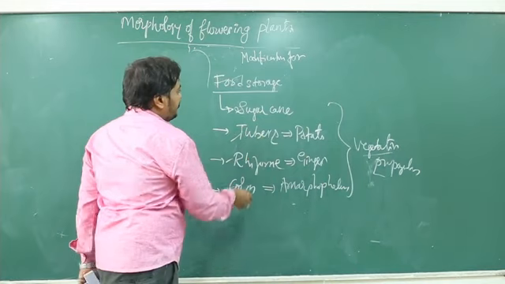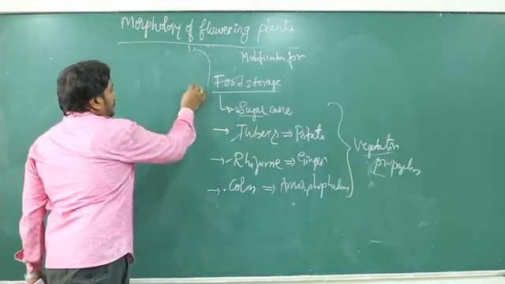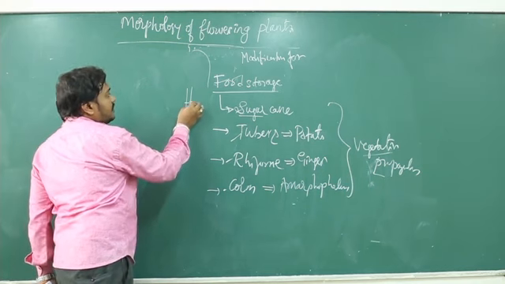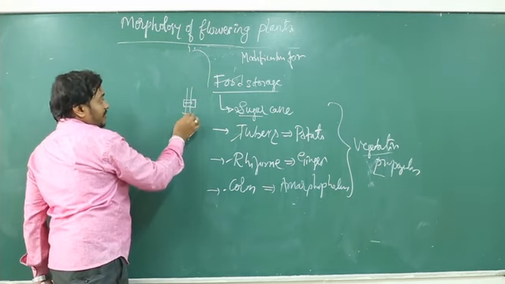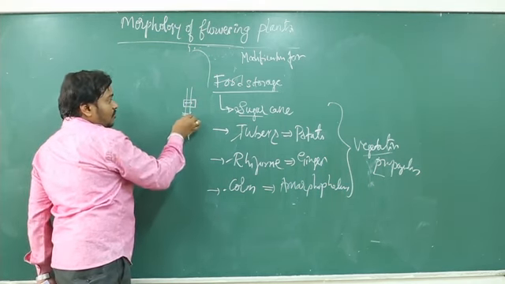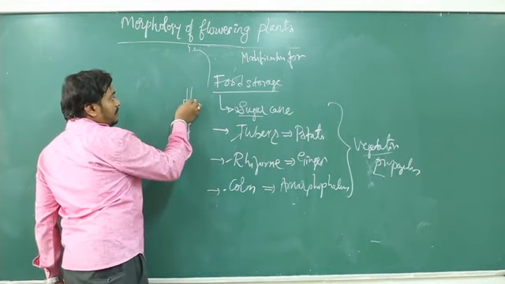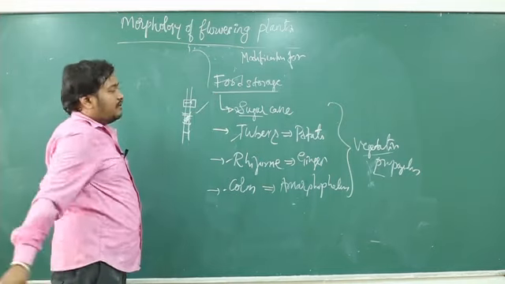In sugarcane, it bears nodes and internodes. The internode part cannot be used for vegetative propagation. Only the nodal part with the bud can be used as a vegetative propagule.